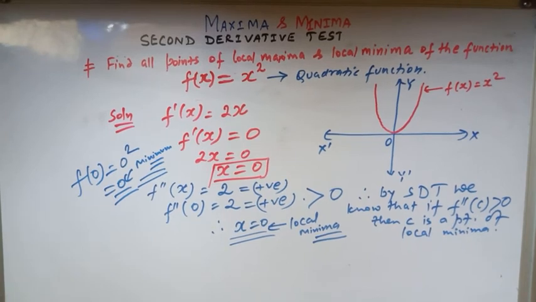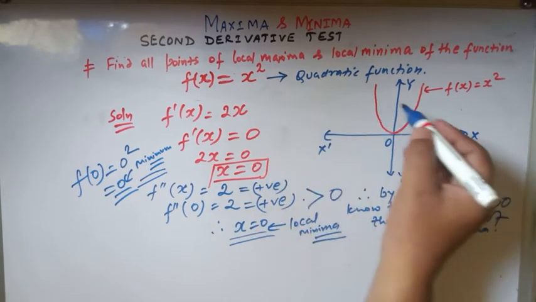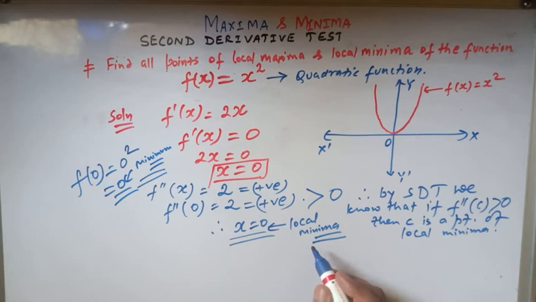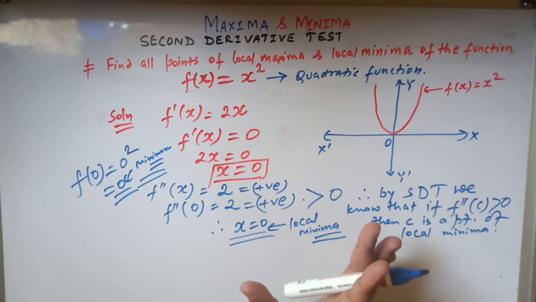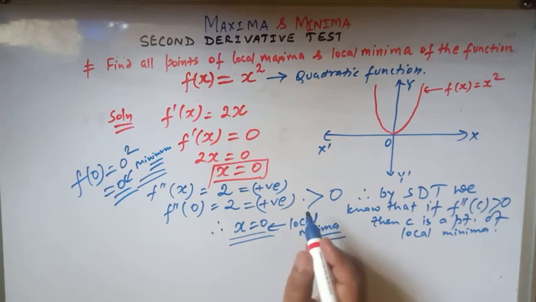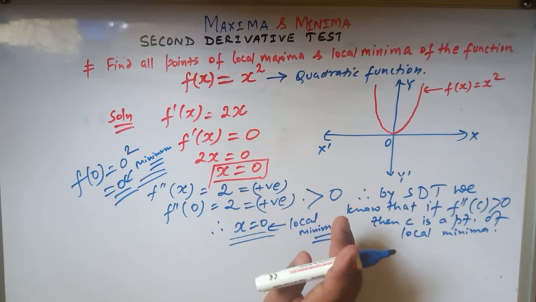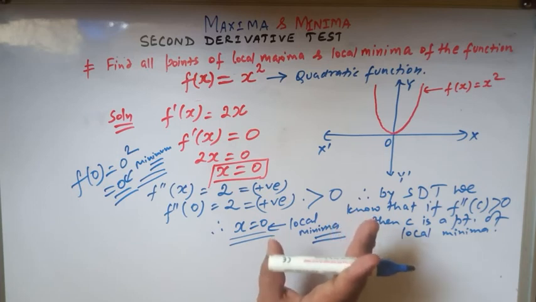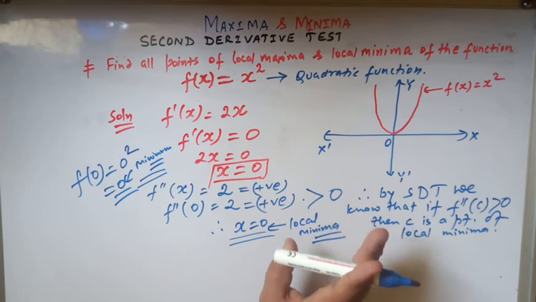So what about the maximum value? Clear? So here from the graph we see that there is no point of maxima, or we can say that the function f has no maximum value, and hence no point of maximum value of f in the set of real numbers.